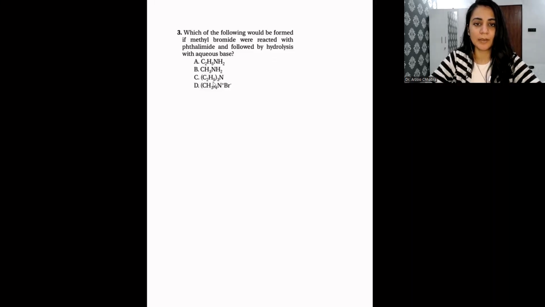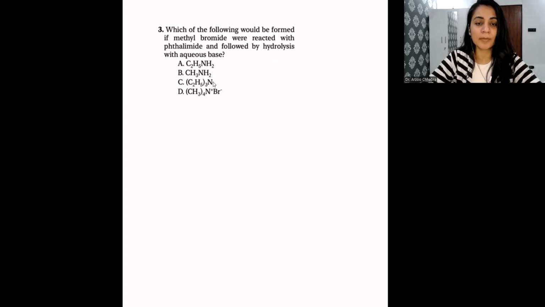Third problem. Which of the following would be formed if methyl bromide were reacted with phthalimide followed by hydrolysis with aqueous base?